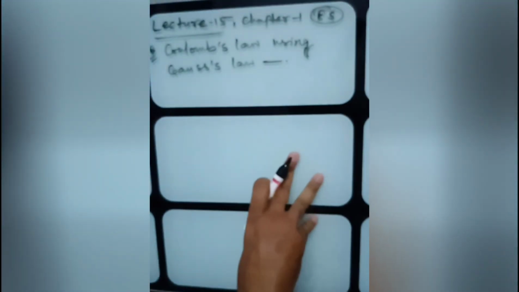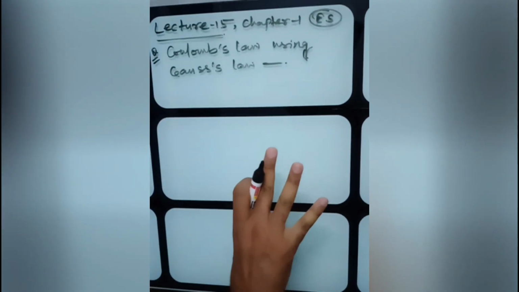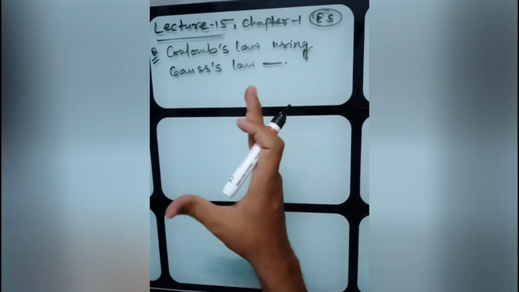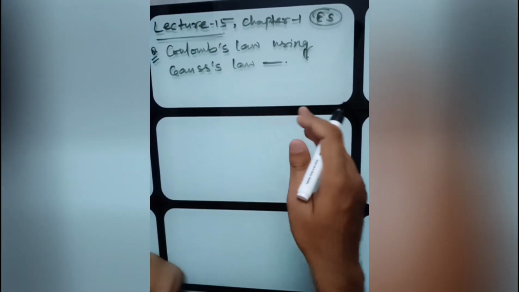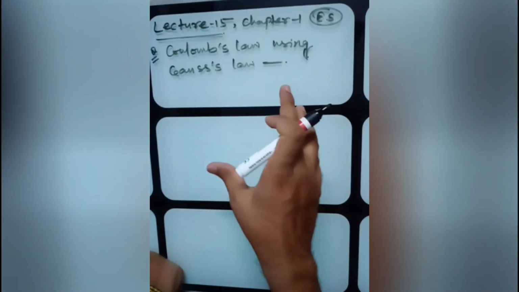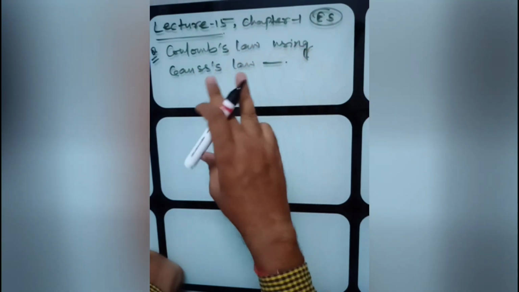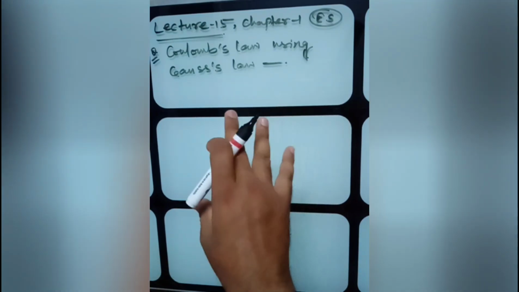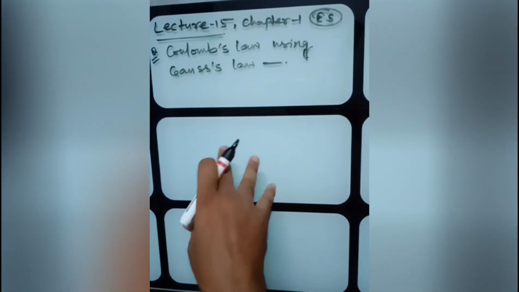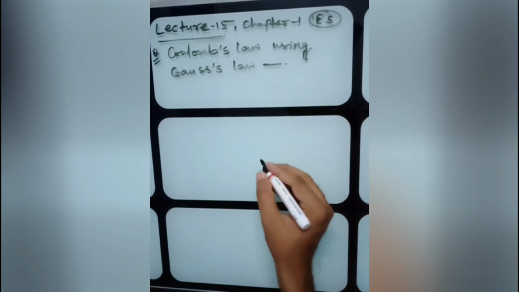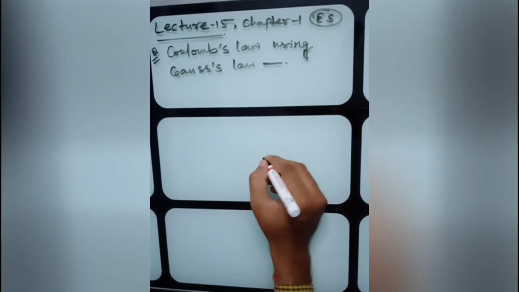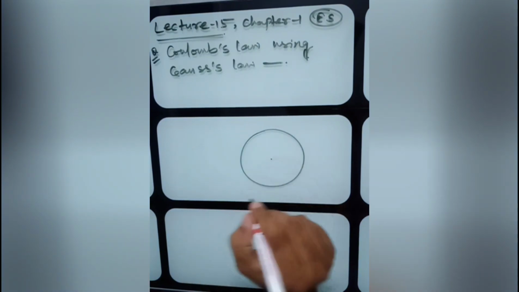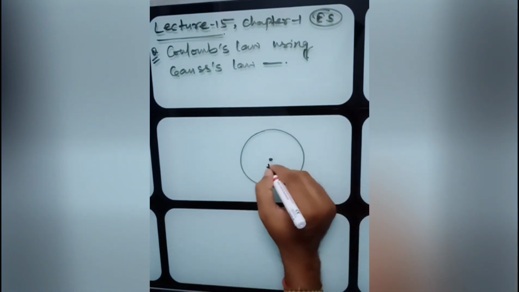Actually, student, Coulomb's law gives the force between 2 point charges. If 2 point charges are placed at a certain distance, then the force of attraction or repulsion between those two charges can be represented as k q1 q2 by r square. The same we are going to obtain here. Okay, so we take a charge within this sphere. At the center we have placed a positive charge.